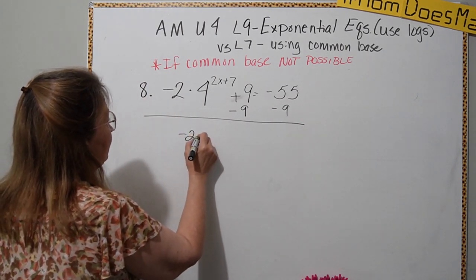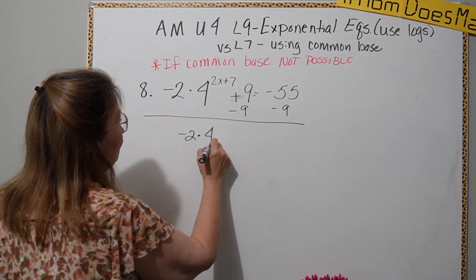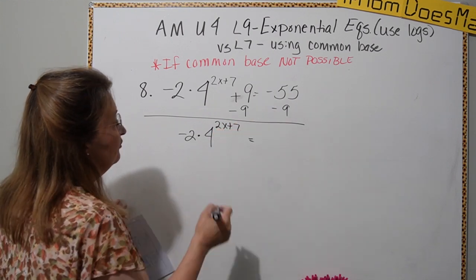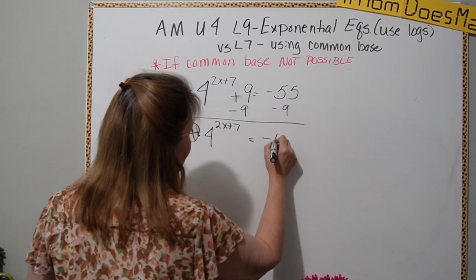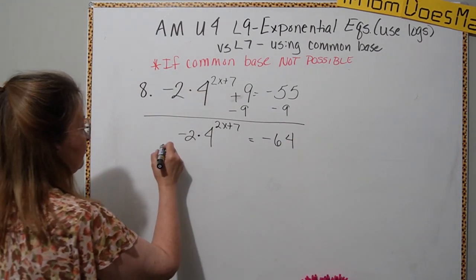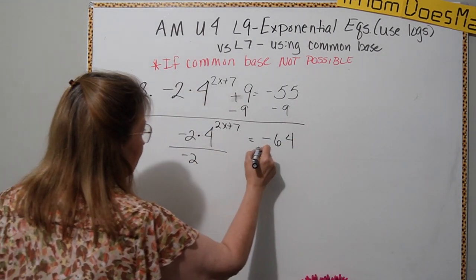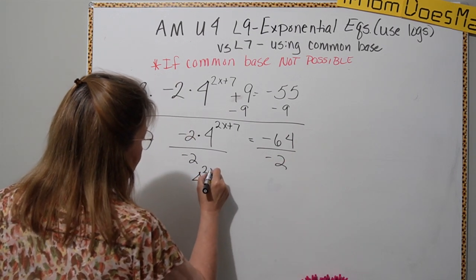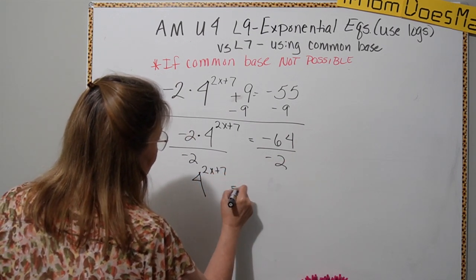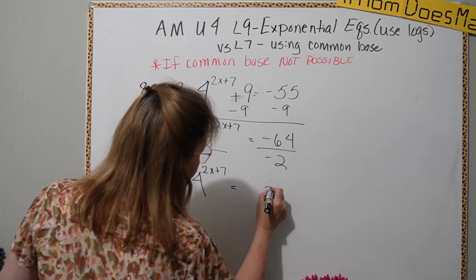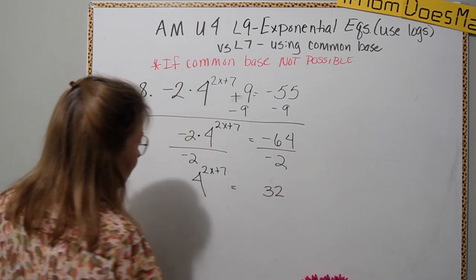So now I have negative 2 times 4 to the 2x plus 7 equals negative 55 minus 9 is negative 64. All right, now I'm going to divide both sides by negative 2. So I'm going to be left with 4 to the 2x plus 7 equals negative 64 divided by negative 2, which is a positive 32.